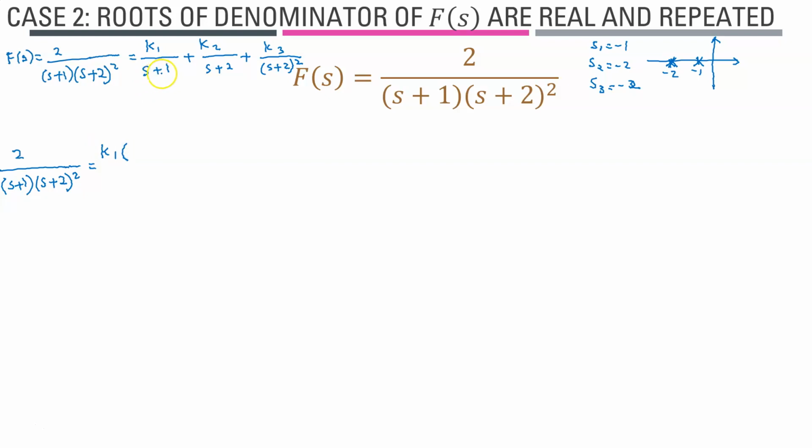To make the denominator equal, you have to multiply k1 with (s plus 2) squared, plus k2, you have to multiply with (s plus 1) and (s plus 2). For k3, you have to multiply with (s plus 1). So now the denominators are the same.